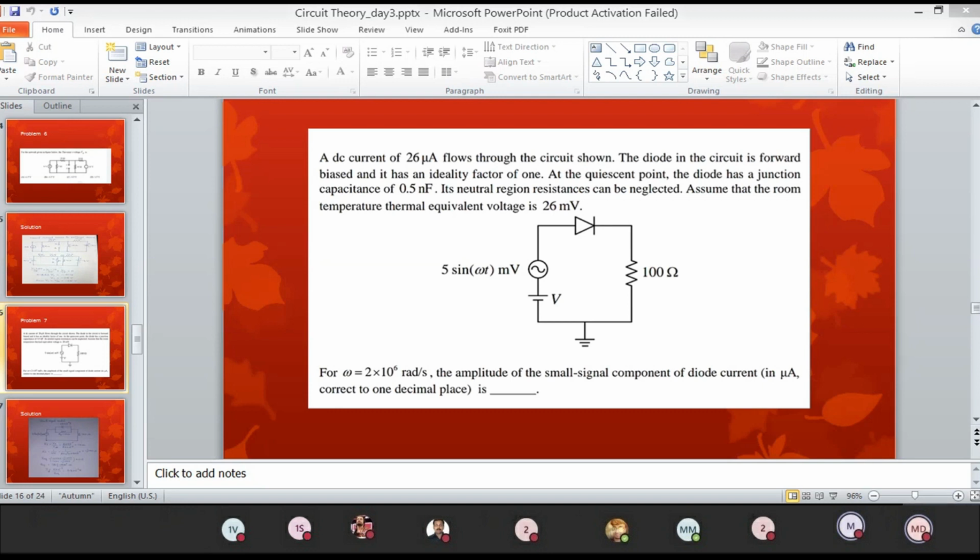Assume that the room temperature thermal equivalent voltage is 26 millivolts. For omega 2 into 10 power 6 radian per second, the amplitude of the small signal component of diode current in microamps is what? So see, a DC current flows, but the input voltage is AC. Omega is 2 into 10 power 6, right?